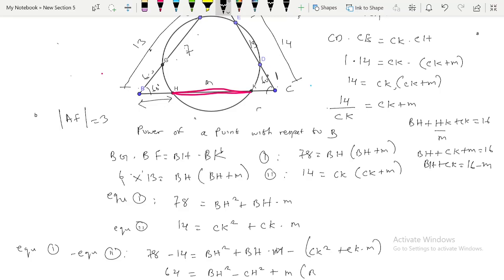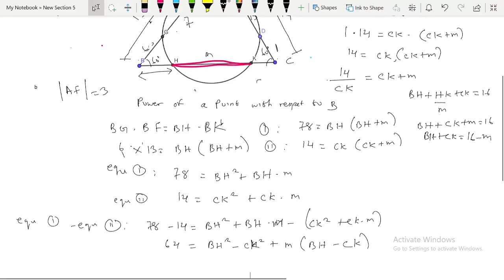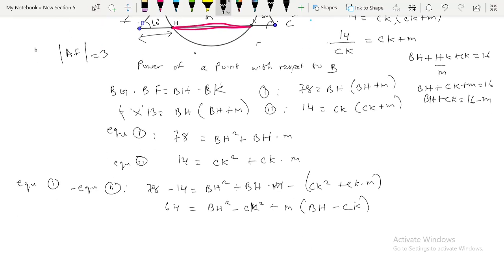If you expand, you have BH minus CK. Okay, let me see. This is not CH, this is BH minus CK squared. So I can write this as BH minus CK.